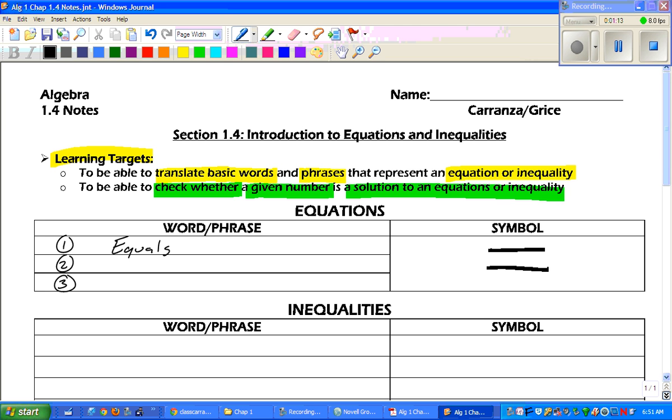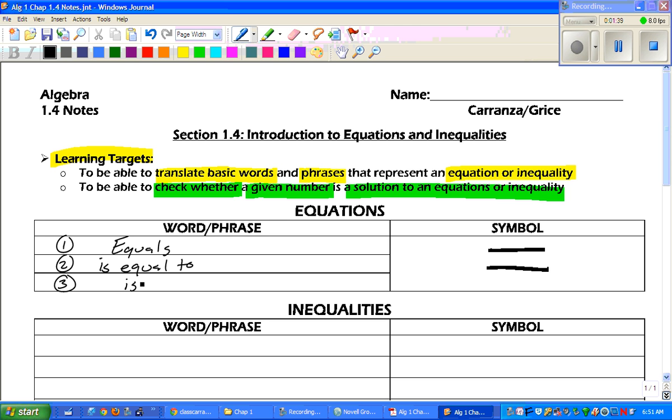Another way that you're going to see it is equal to. 5 plus 3 is equal to 8. And the shortest of the three is just the word is. 5 plus 3 is 8.